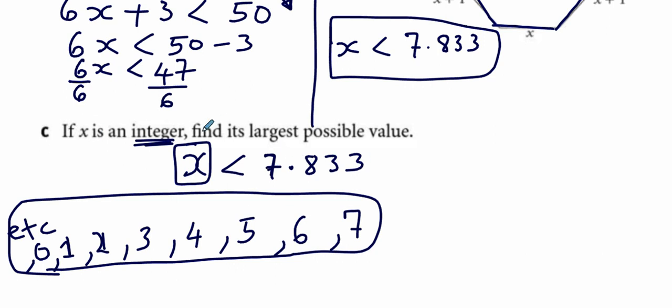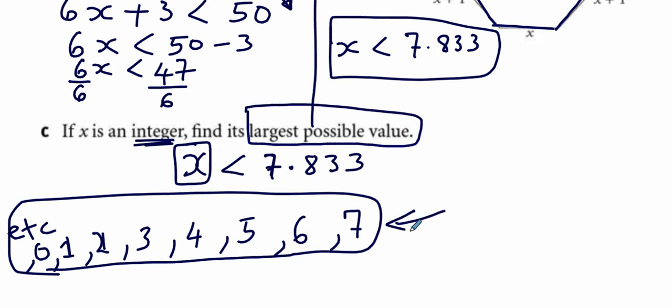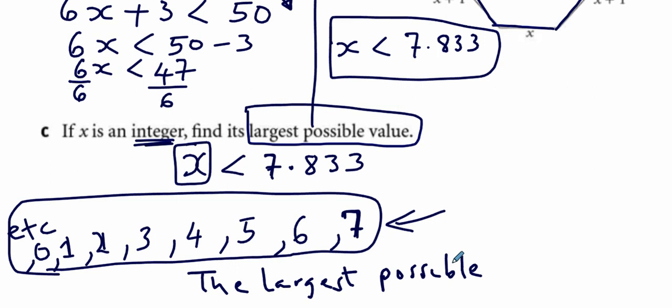Now the question is, find its largest possible value. That means choose the largest from this list. The largest of all is 7. So the largest possible value is 7.